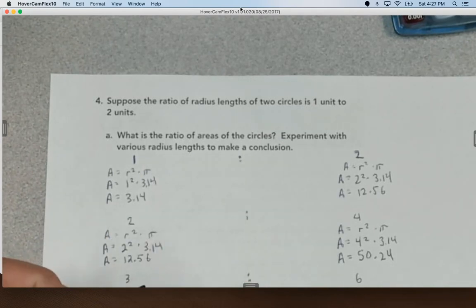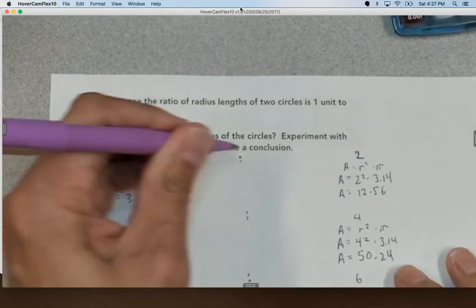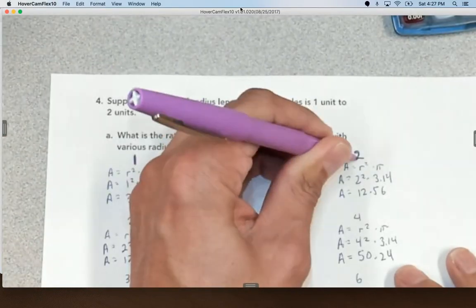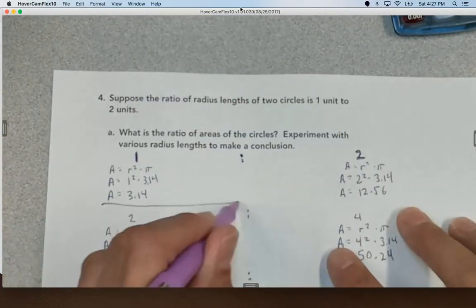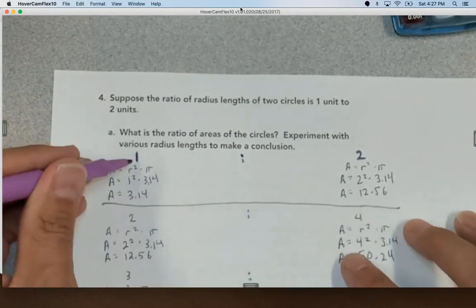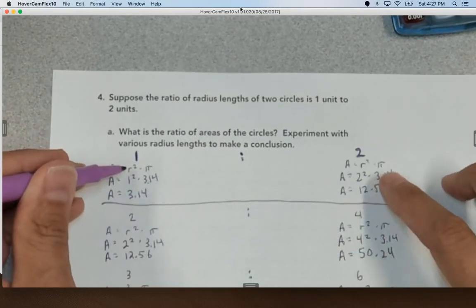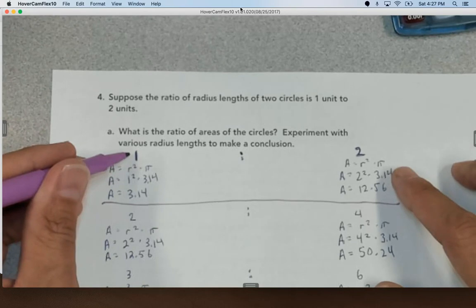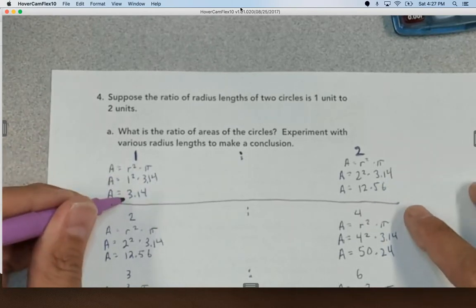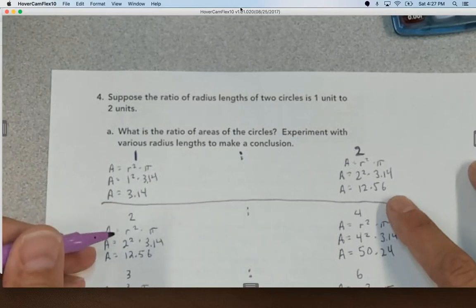So 1 to 2. And so then I first made it so I would have a radius of 1 and then a radius of 2, because that is a 1 to 2 ratio. When I calculated the area, this is 3 and 14 hundredths units squared. This is 12 and 56 hundredths units squared.